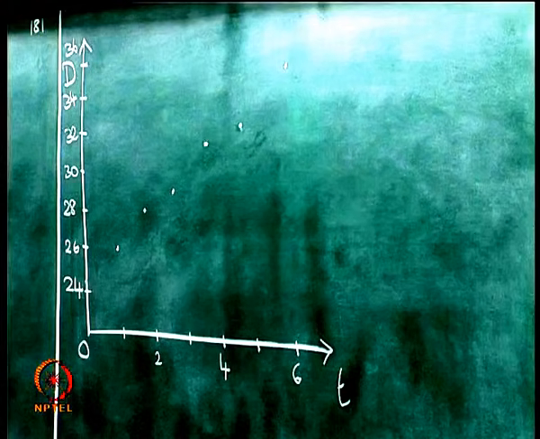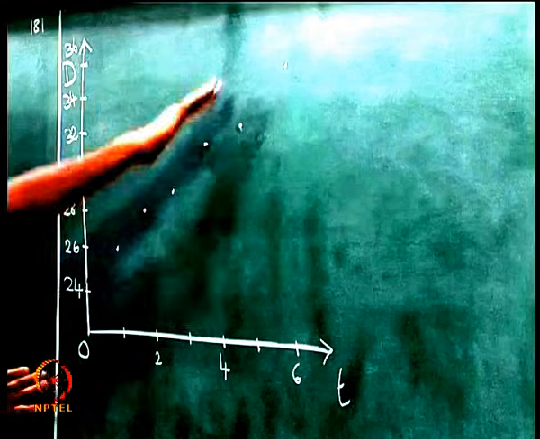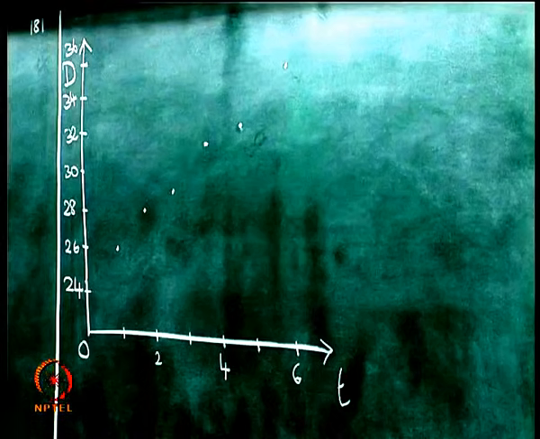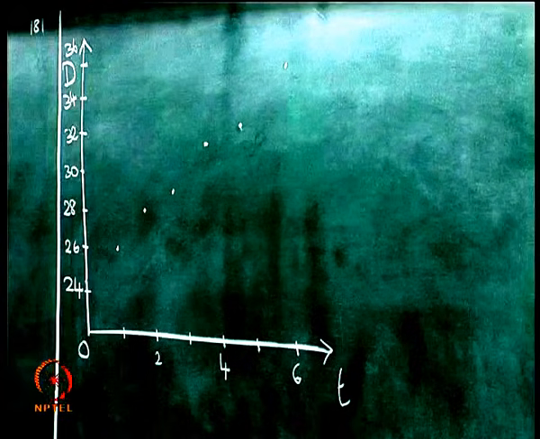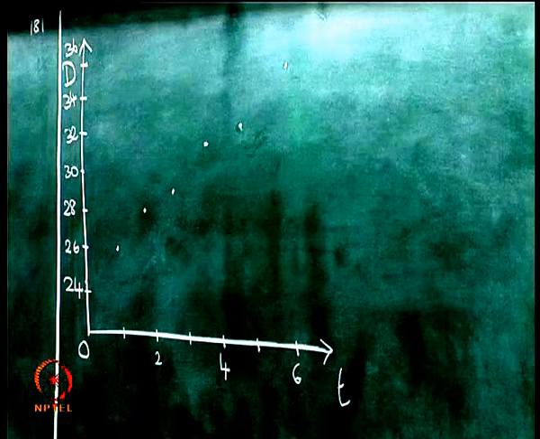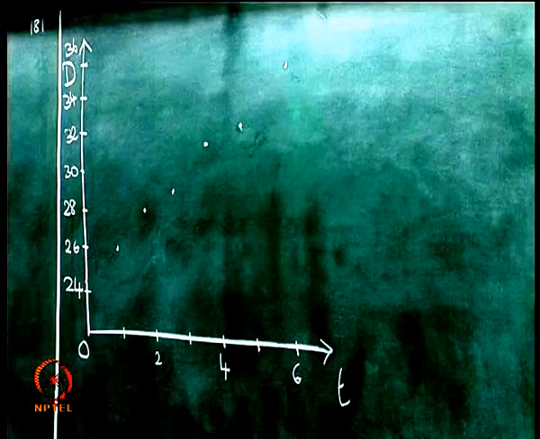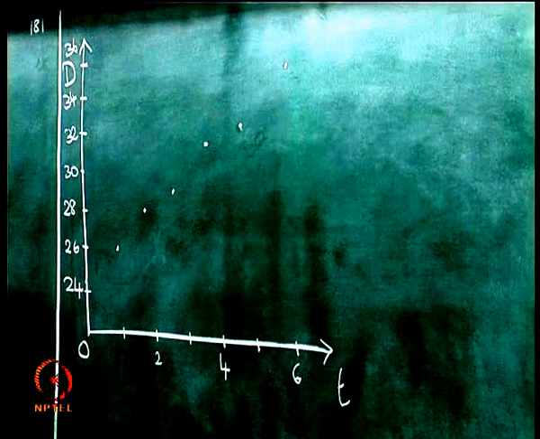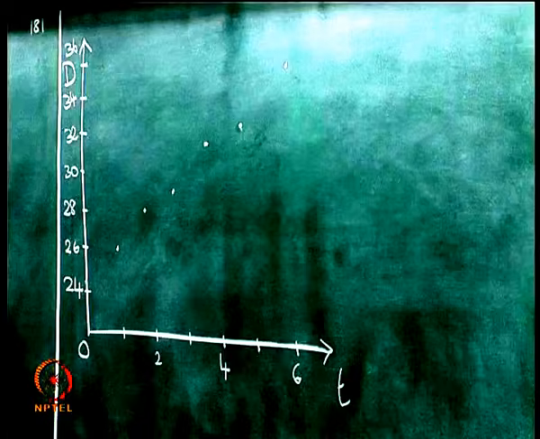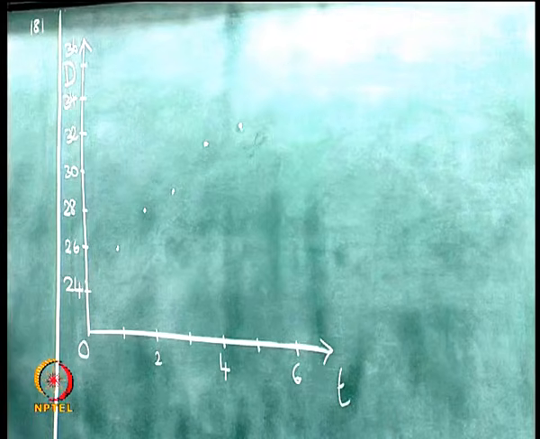Are we going to draw a line? Obviously all these 6 points are not collinear. So are we going to draw a line which is going to pass through maximum number of points, or are we going to draw a line which kind of best represents the 6 points by being as close to each of these 6 points as possible?